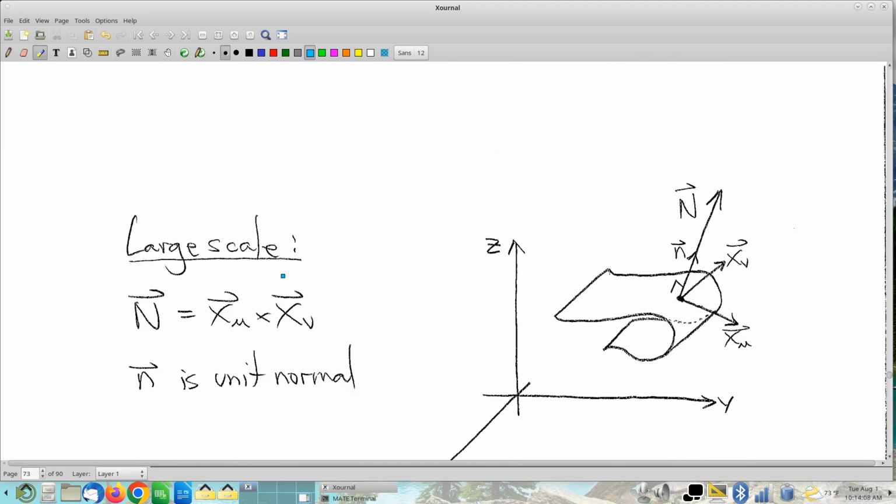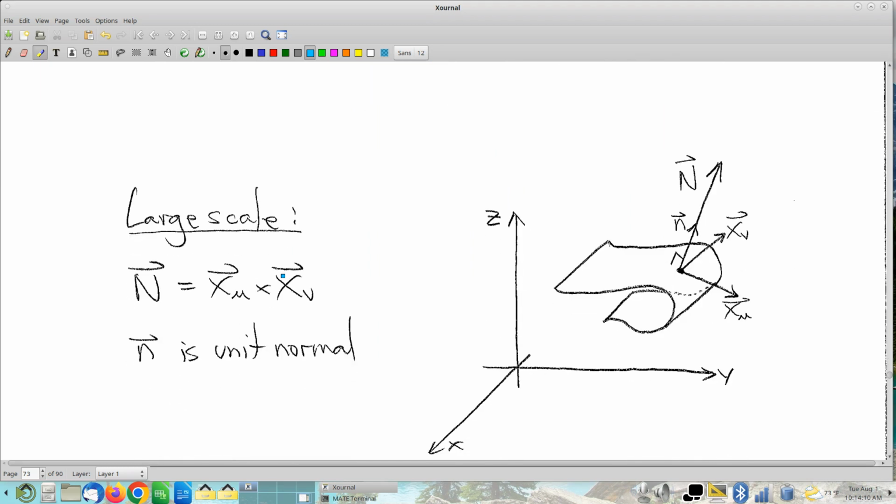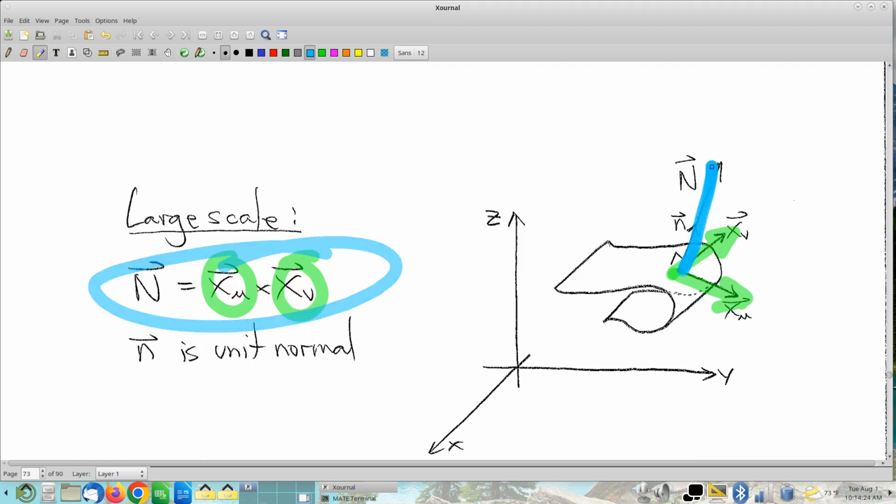Again, a bunch of details we've already developed. So I'll remind you some of the players that were involved. We talked about the various partials of the parameterization. Those were tangent vectors. We took their cross product, and that gave us this thing called the capital N vector, which ended up being important.